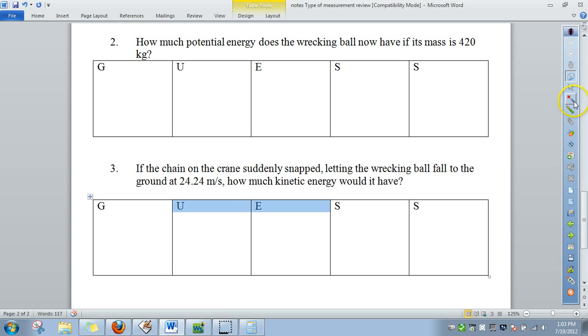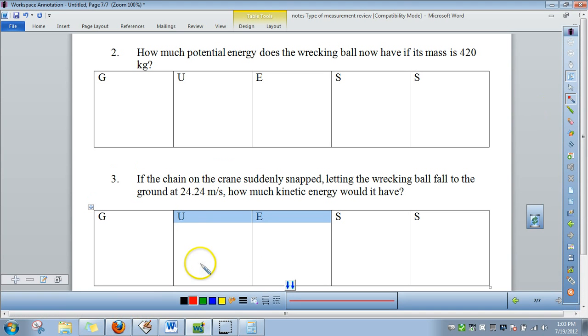Let's go back and plug in some information. If the chain suddenly snapped and the wrecking ball fell, we're looking for how much kinetic energy it would have. So our unknown is kinetic energy. What do we remember the equation for kinetic energy being?